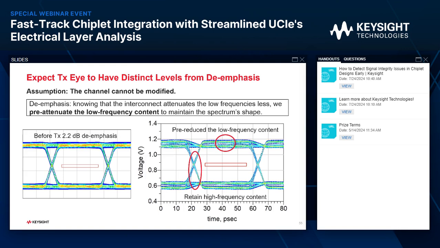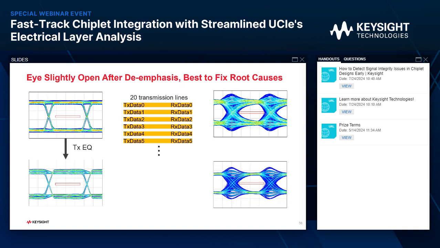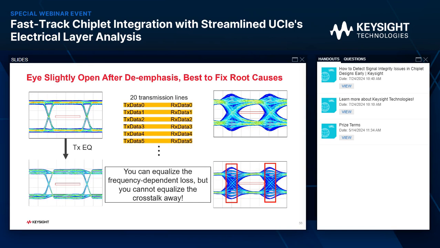All right, here is what it looks like after TX de-emphasis, the eye at TX, and boom, the received eye, it opened a little bit, but not too much. This tells us that, hey, the crosstalk cannot be equalized away, and you just need to fix the root cause. That is the best practice to solve any signal integrity problems.